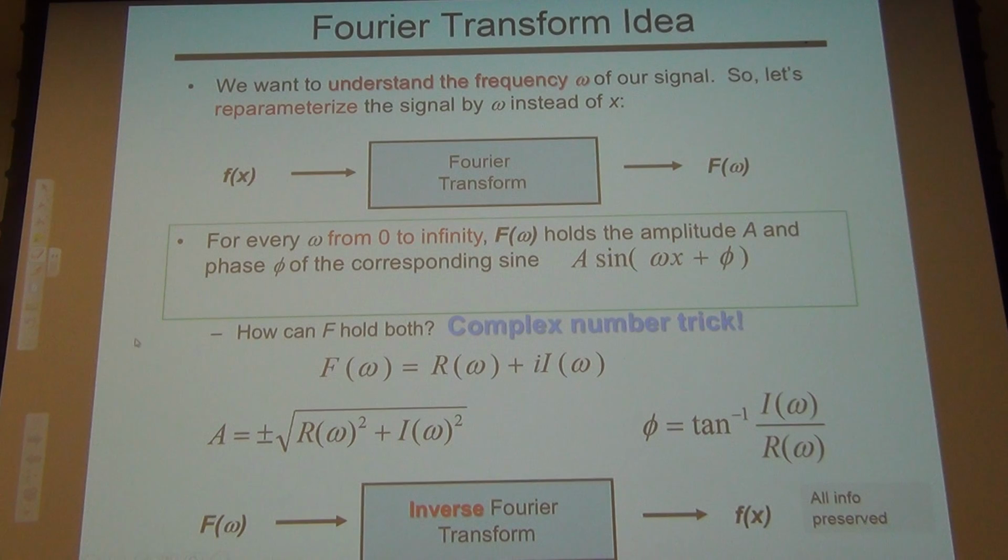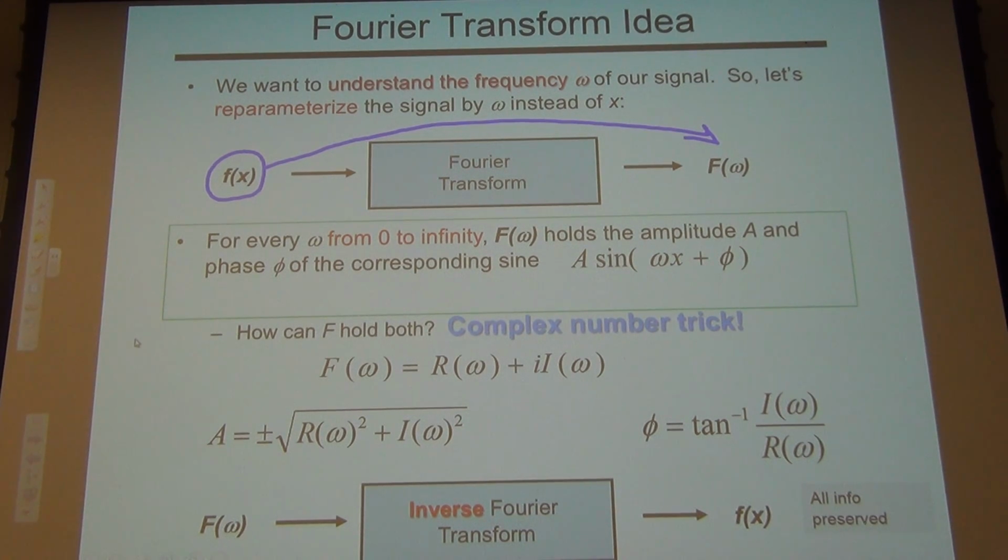For example, x is t, and omega is f, in your sine wave function. So you want to convert this time domain or spatial domain signal to a frequency signal using the Fourier transformation. That is our purpose.